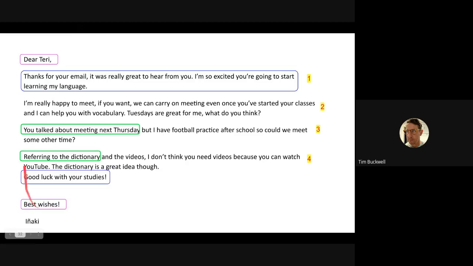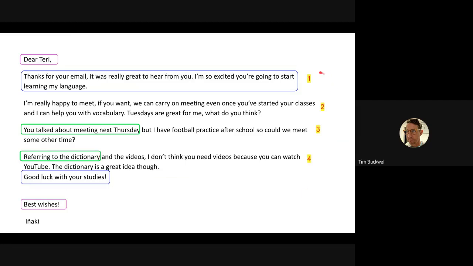This is a nice way to open and close your email. They start by saying something friendly related to the situation. I'm so excited you're going to start learning my language. Thanks for your email. They also finish with something friendly related to the situation. Good luck with your studies.